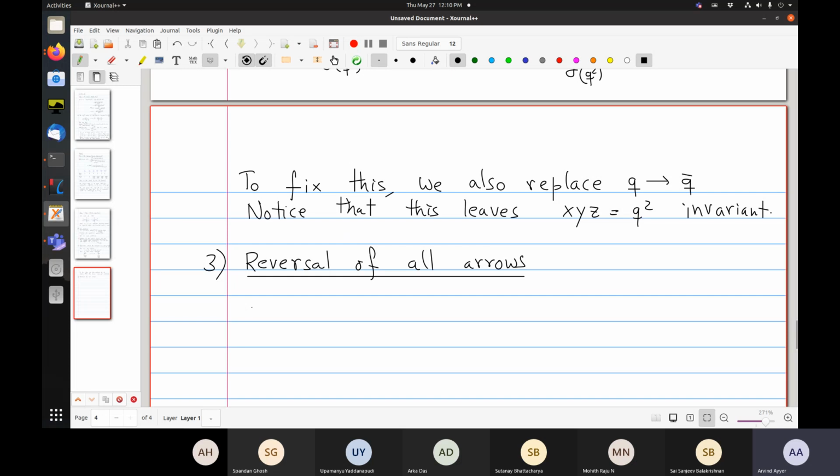As I mentioned earlier, this leaves the weights in there.